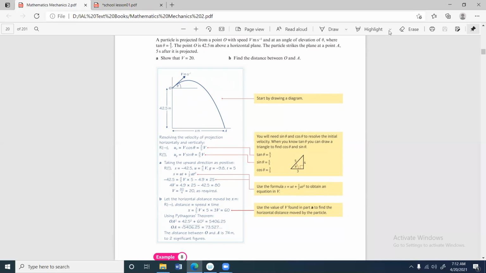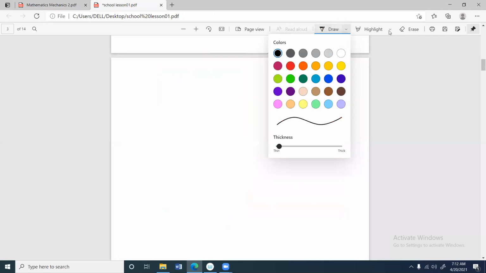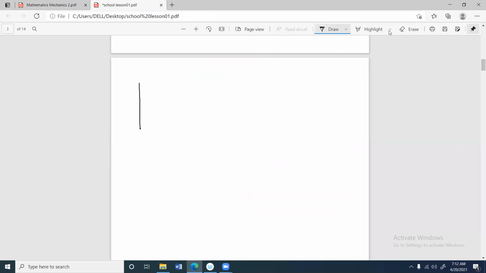Now let's start with this question. This is the information we have. The particle strikes at point A, at the bottom, after 5 seconds. So let's start with this format. From this platform, it travels at a speed of V, goes like this and reaches the ground.